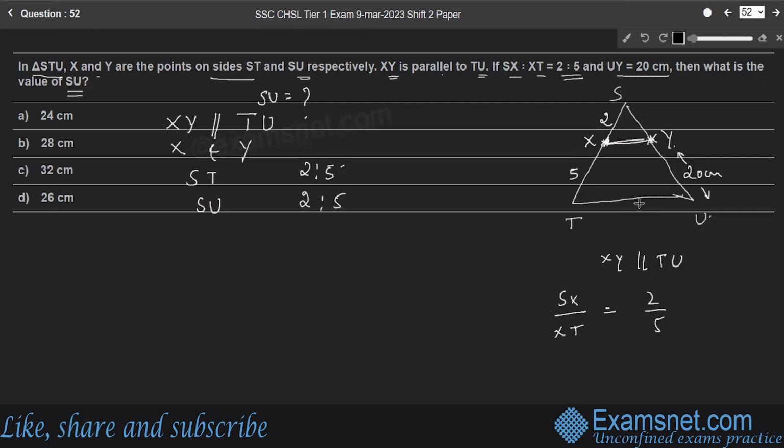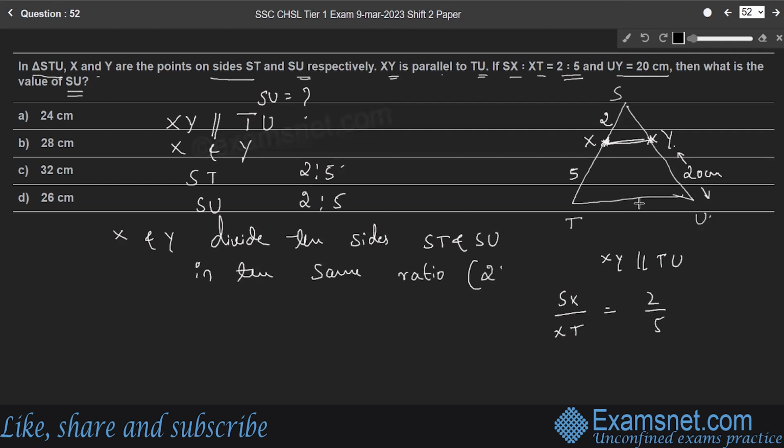Therefore, X and Y divide the sides ST and SU in the same ratio, which is nothing but 2:5. Here we need to find the value of SU.